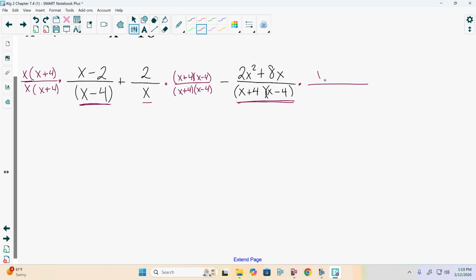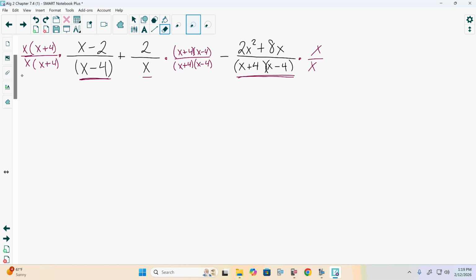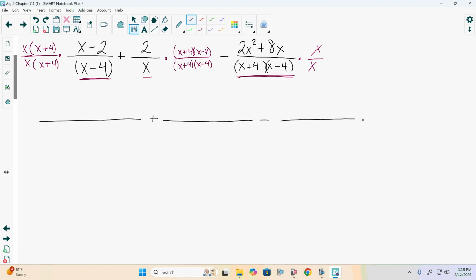Yeah, just x. Now the denominators are all going to be x times x plus 4 times x minus 4.